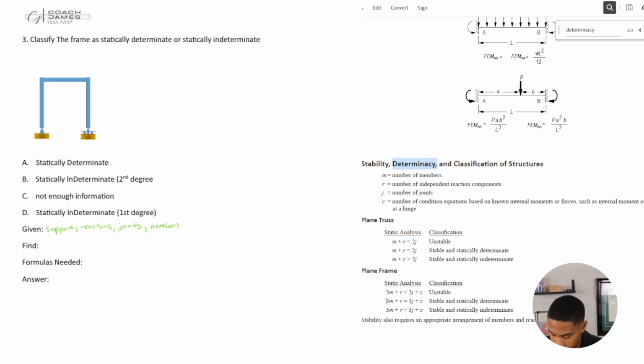Alrighty. And we need to find the determinacy. Similar things again. What formula will we need? Well, we need 3m plus r is equal to 3j plus c. All right, what is m? Number of members. How many members do we have for this one?